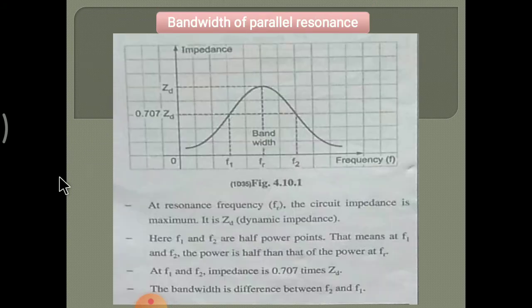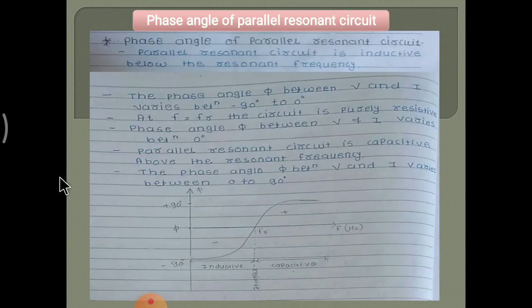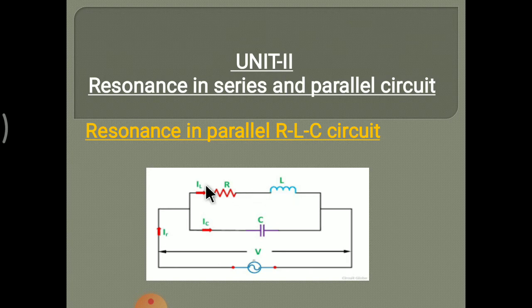The current through the inductive branch is denoted by IL. We can see in the diagram the RLC circuit: this is R and L, the branch in which the inductor is present, so current through the inductor branch is IL and current through the capacitor branch is IC.